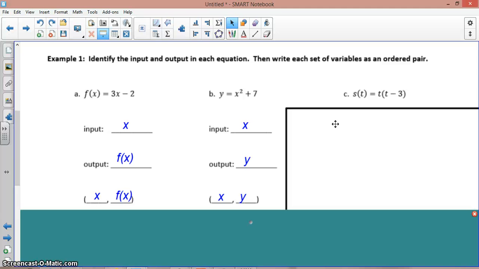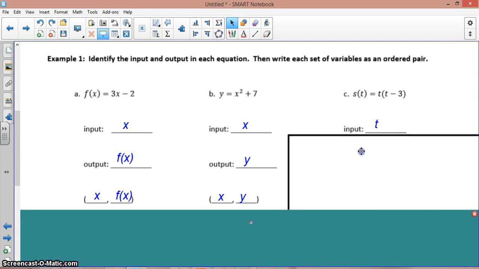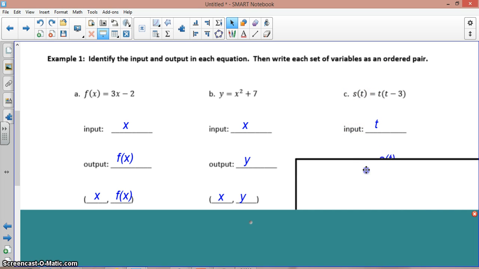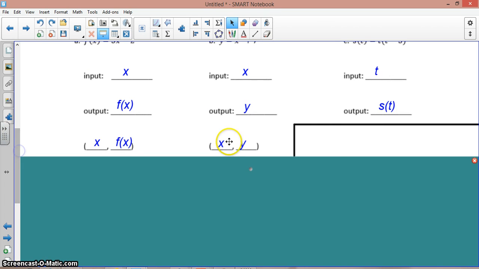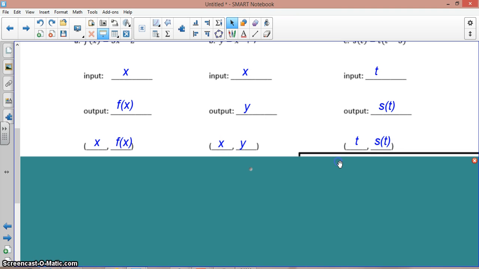Now, whatever's inside your parentheses is always your input. So in this case, our input is the t, because the t is inside the parentheses. And then whatever's outside is your name, which is the output. So s of t is the output. And then we write that as an ordered pair, (t, s of t).